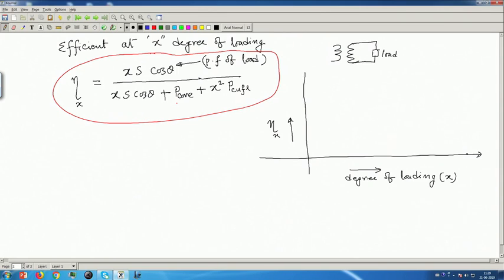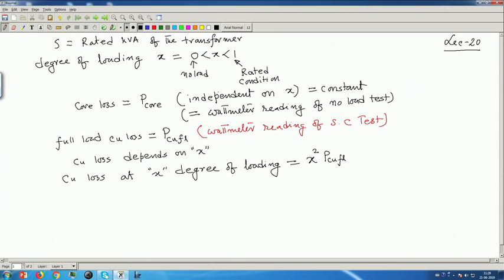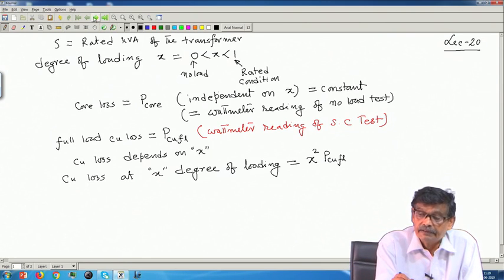What is the domain of x? As I told you, x equal to 0 corresponds to no load, and x equal to 1 corresponds to rated condition, that is, coils carrying rated current.